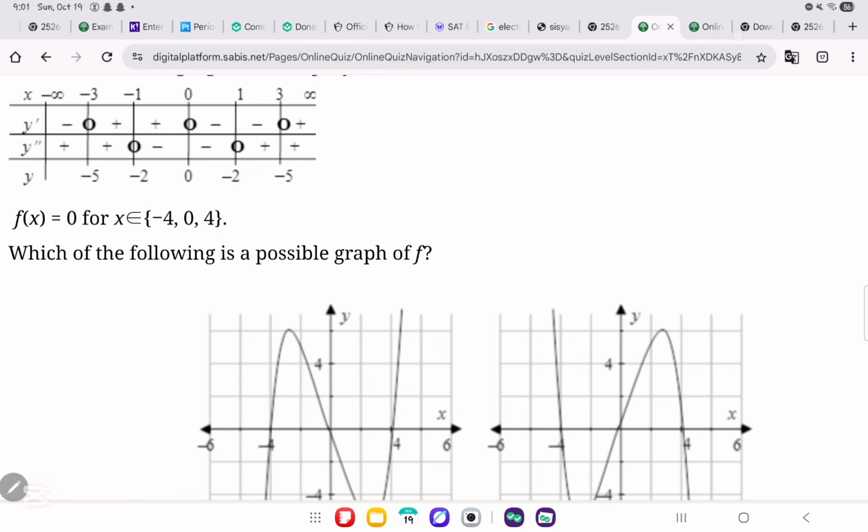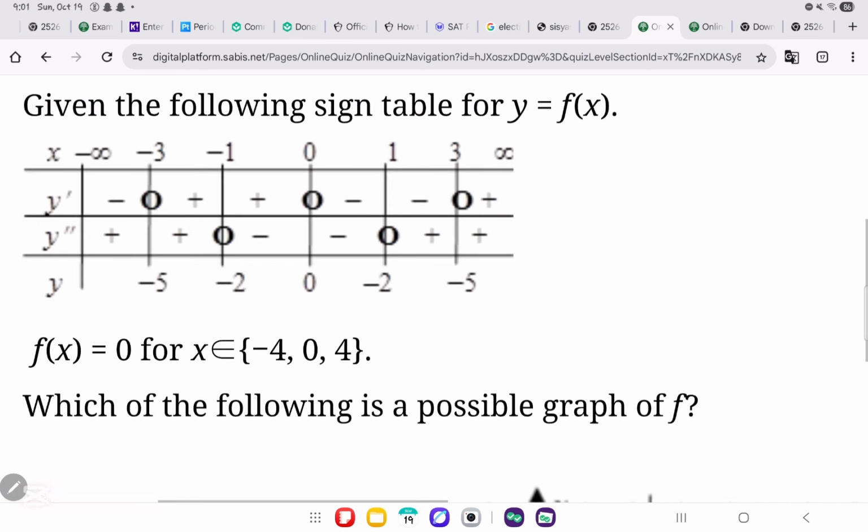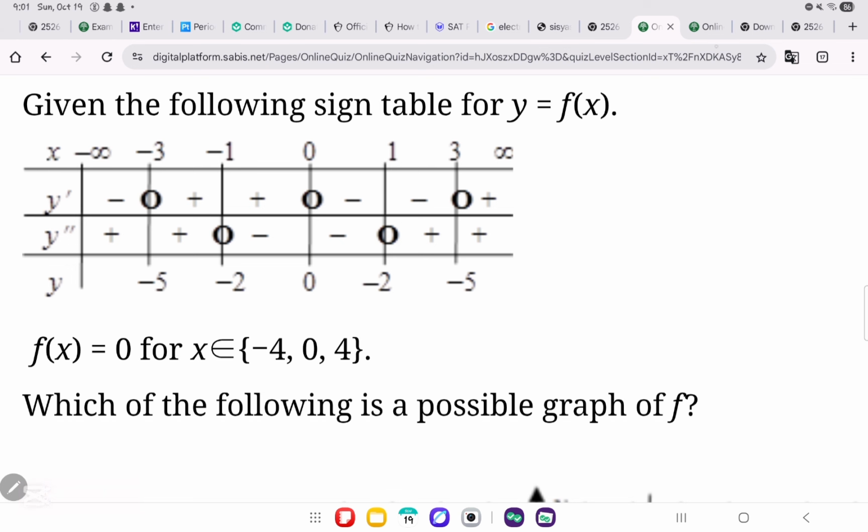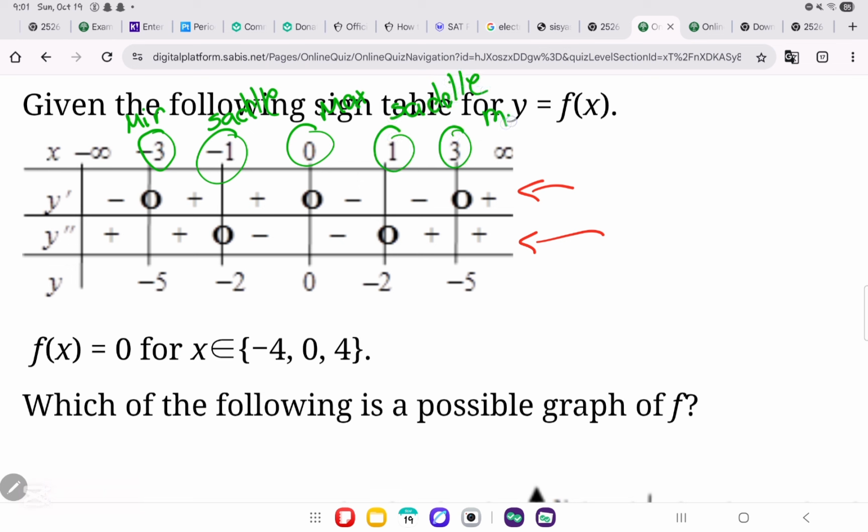Now we go up to the graph. What do we see? We see that they gave us y prime, meaning the first derivative, and y double prime, meaning the second derivative. From here, what can we determine? We can determine that minus 3 is a local minimum, minus 1 is a saddle point, 0 is a local maximum, 1 is also a saddle point, and 3 is a local minimum again.